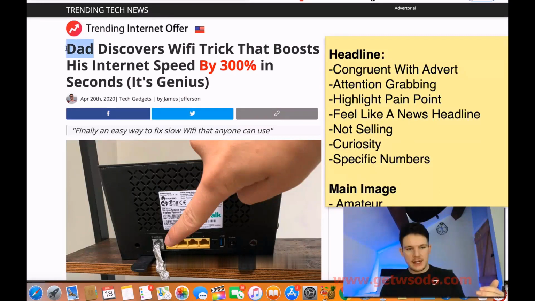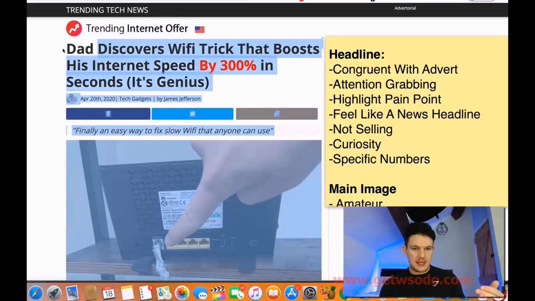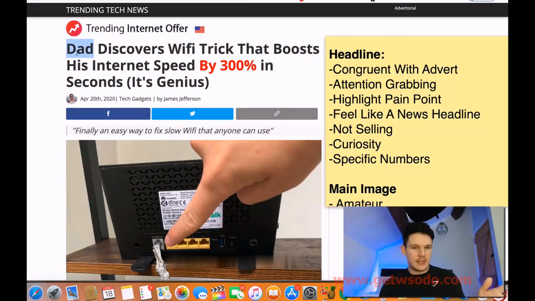And again, we've kind of used a dad to make it a little bit more relatable in a way. It could just be man or something like that, but dad kind of works well because it makes it relatable, and it kind of was congruent with the adverts that I was running. And then I've used some statistics here, by 300%. And we're still talking to their pain point, because their pain point is that they want to have 300%, and they've got a desire here.